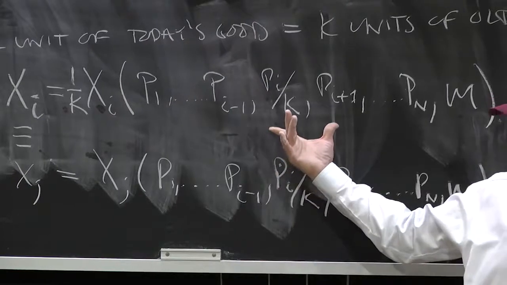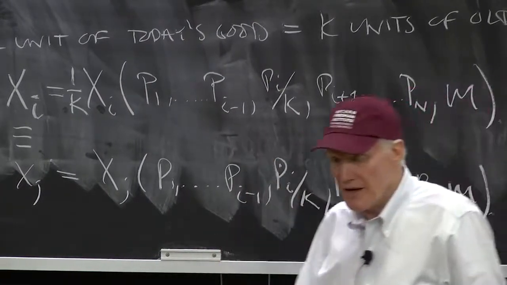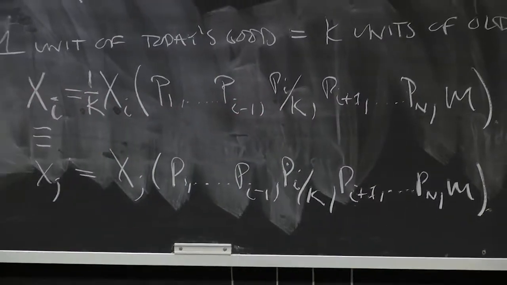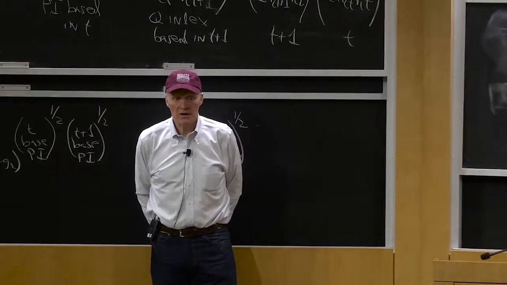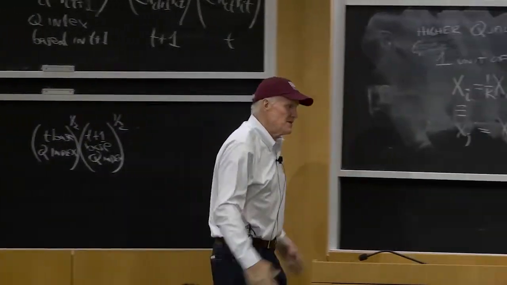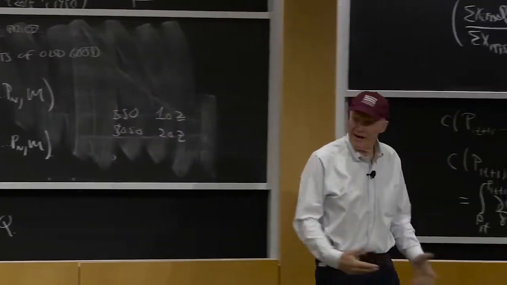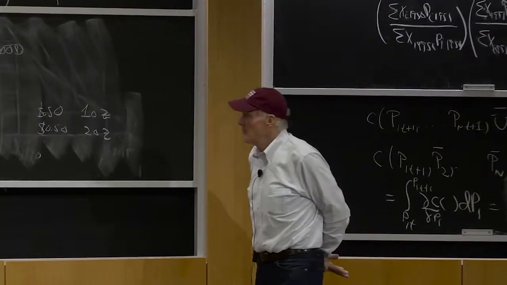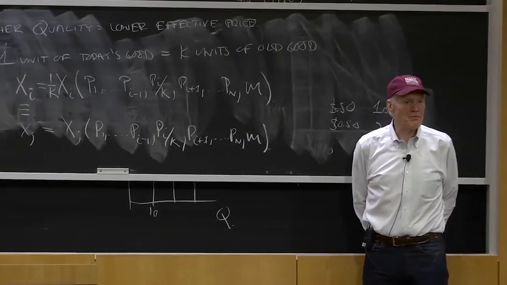So even though a quality improvement for i has kind of an ambiguous effect on its own consumption, under this model it has a very predictable effect on the consumption of complements and substitutes. If this good is getting better, that means it's effectively getting cheaper. I should see people buying less of the substitutes for this good and buying more of the complements for this good.